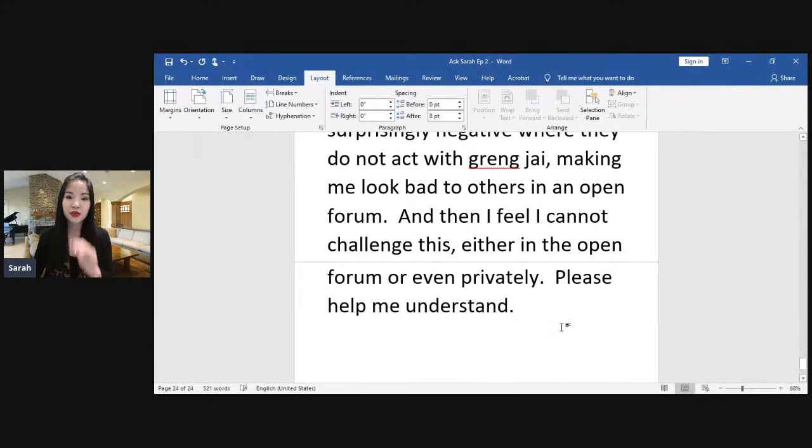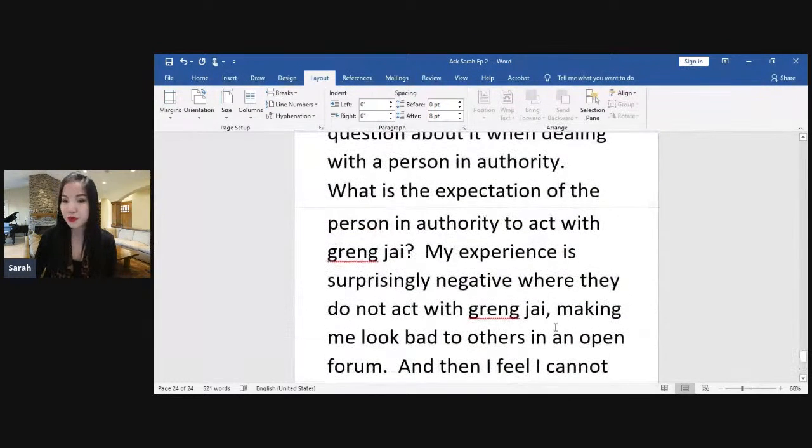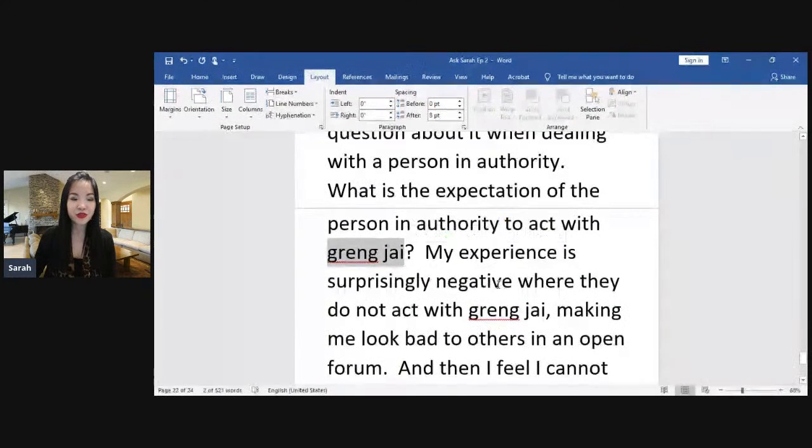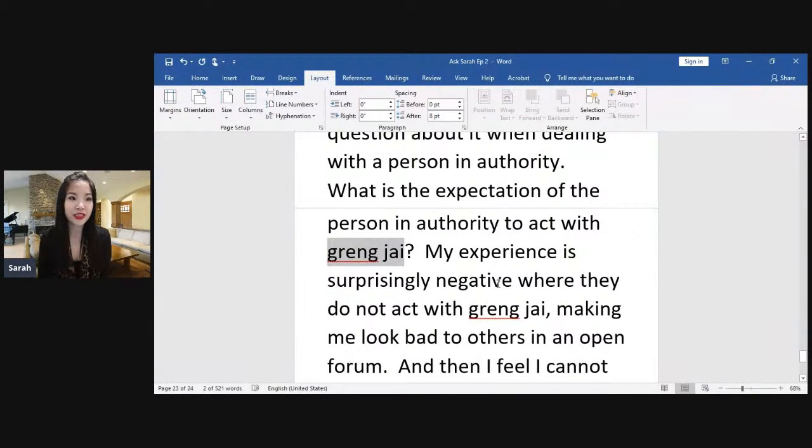Please help me understand. So the word greng jai, okay, first, greng jai. Greng is to be afraid of or to fear. Jai is heart, okay? Greng jai, literal meaning is you are fearful of the heart of the other person. So you care about the other person's feelings.